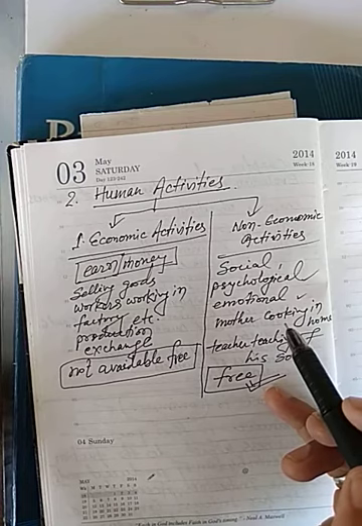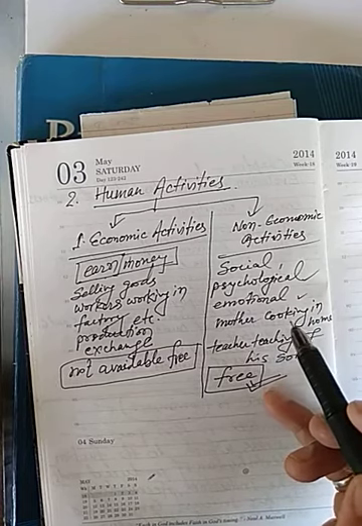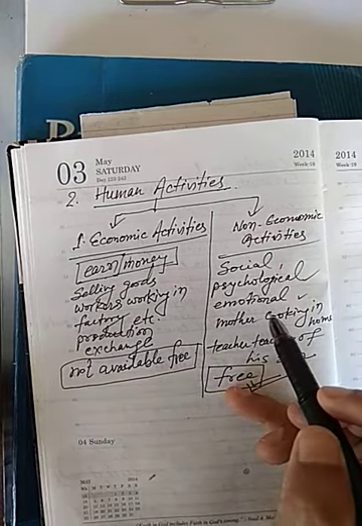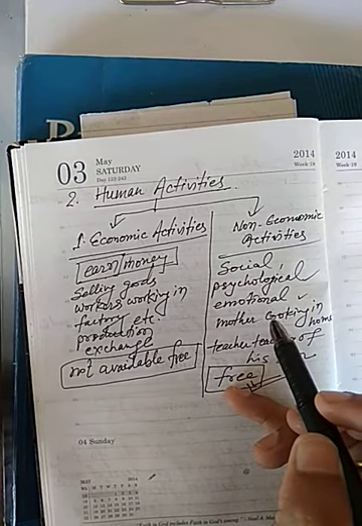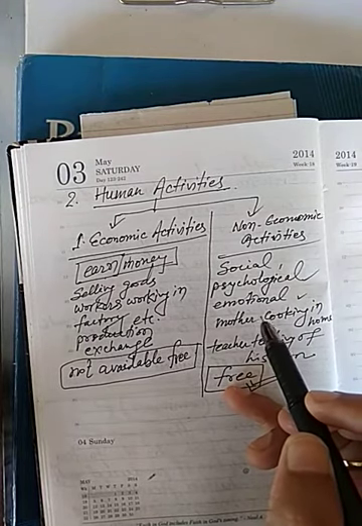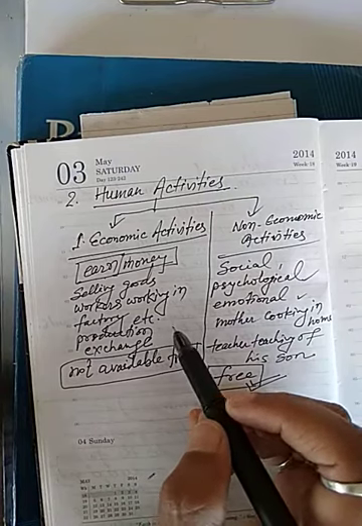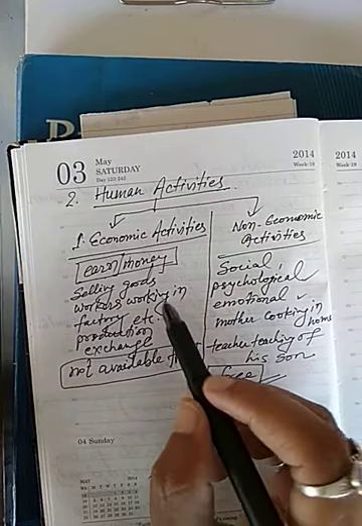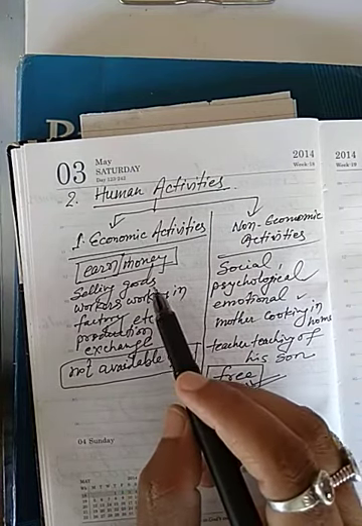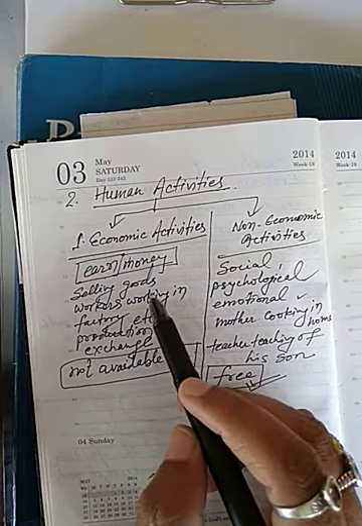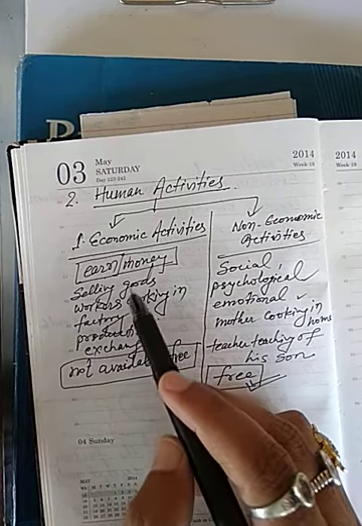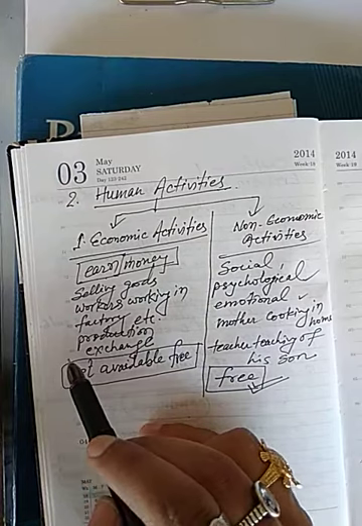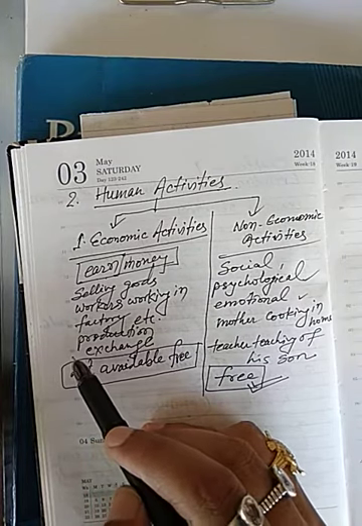I repeat once again. For example, a doctor attending to a patient at his clinic is an economic activity, as the doctor gets a fee for that.